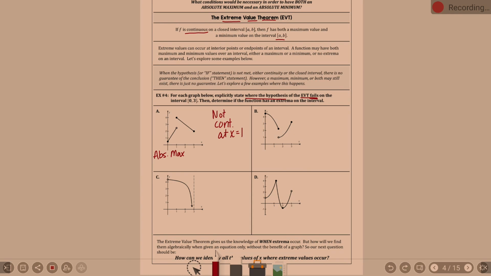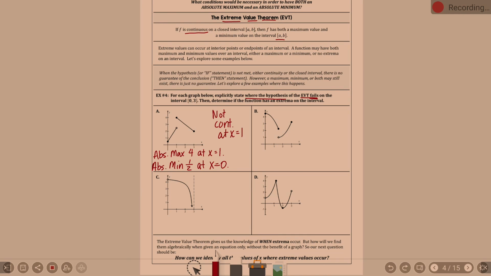Absolute max of 4 at x equals 1. Absolute min of 0.5, my notes say 1/2, at x equals 0.